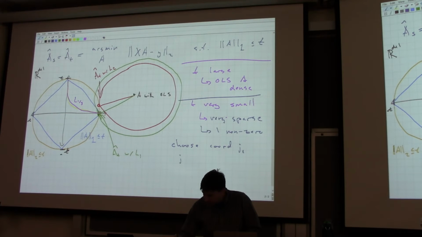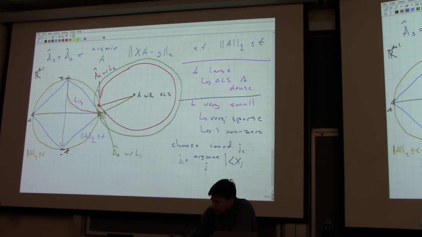J1 is going to be the value J which maximizes the absolute value of x_j transpose y.